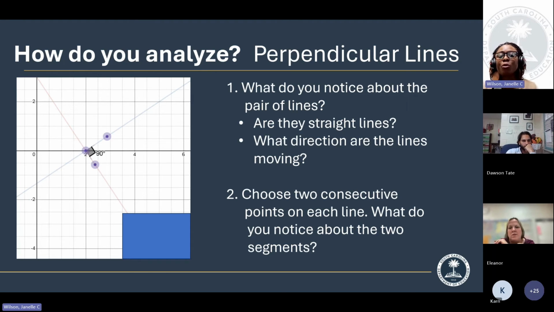What happens when we take away the box and now we're looking at the equations? What would students wonder? What would they notice? Like the coefficients switch places.